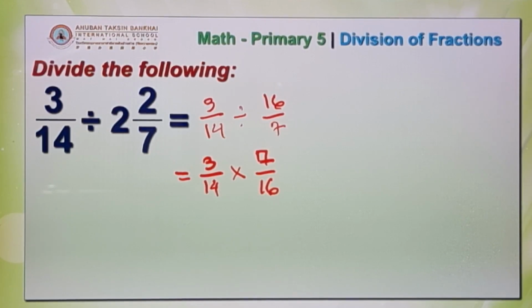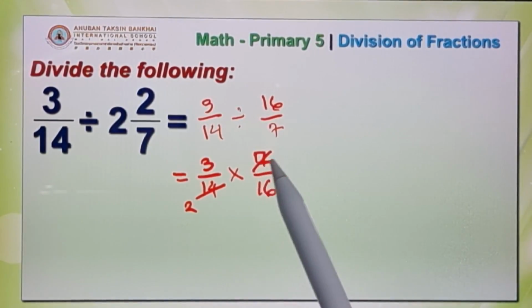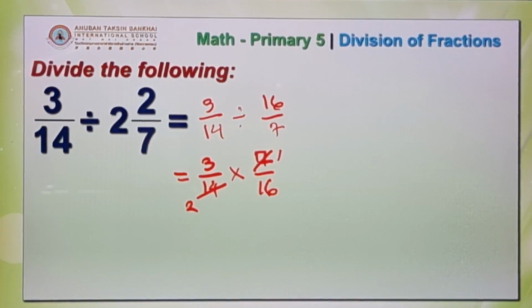Let's check if we can cancel. Yes, we can. We can actually cancel 7 and 14. By these two numbers, we can use 7. 14 divided by 7, we have 2. 7 divided by 7, we have 1. Can we still cancel any number?